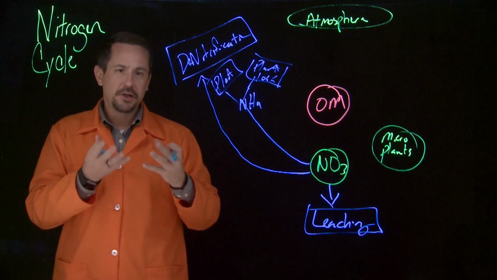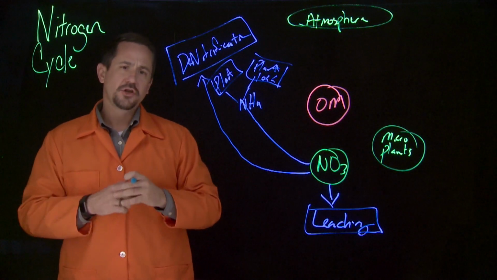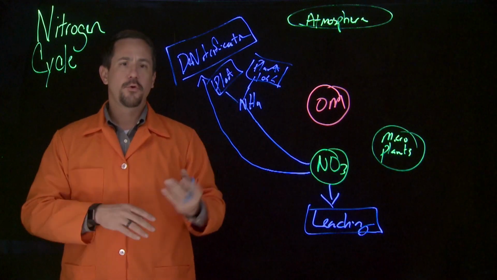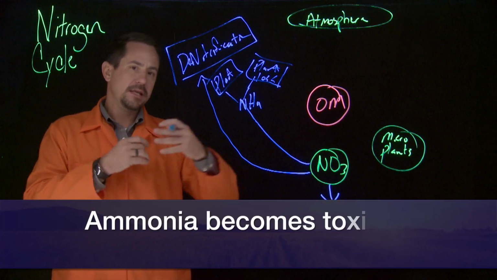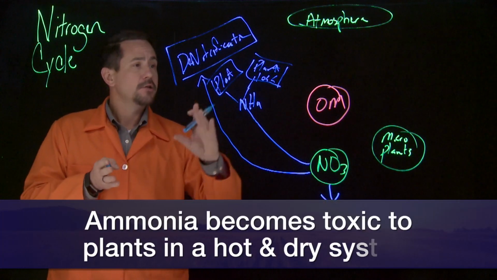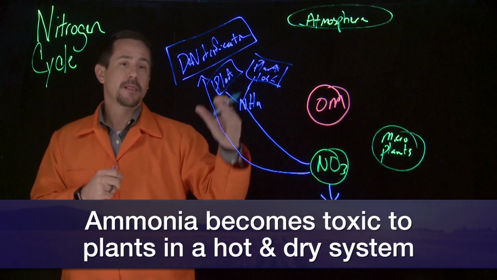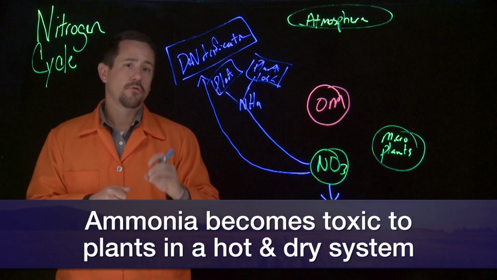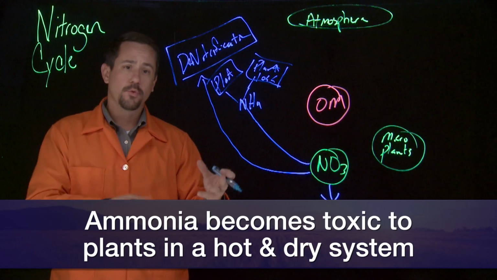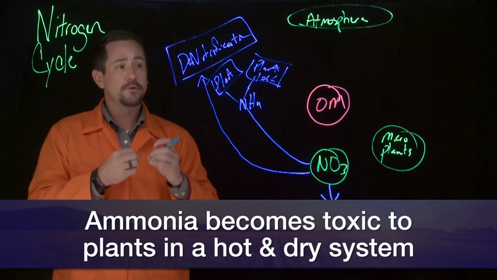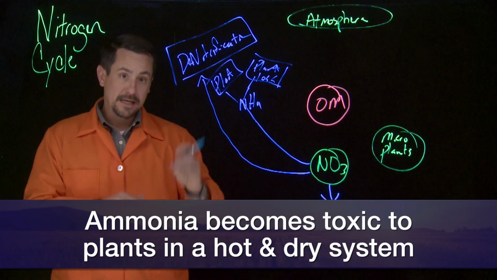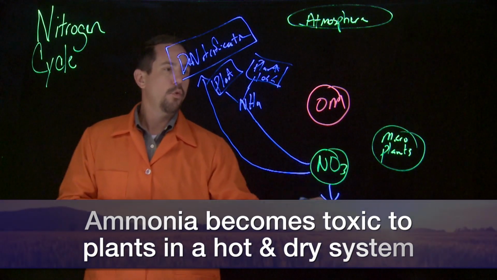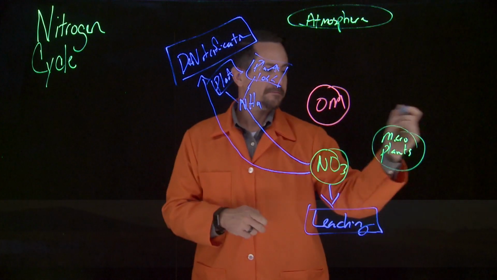When conditions are hot and dry, the ammonium accumulating in a plant, NH4, actually becomes toxic when the plant is lacking water. So the plant is drawing it down and it becomes ammonia, and plants can gas off ammonia. In a hot, dry season at around flag leaf for winter wheat, if it gets really hot and really dry, we can lose upwards of 20 to 30 pounds of ammonia gas through the leaf alone. So now we have 1, 2, 3 of our loss pathways.